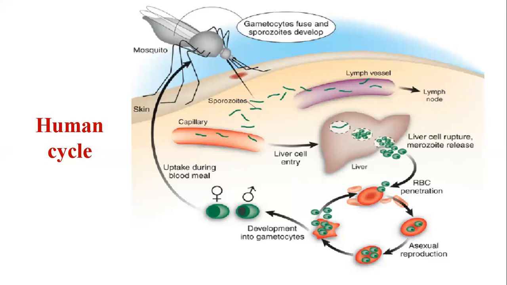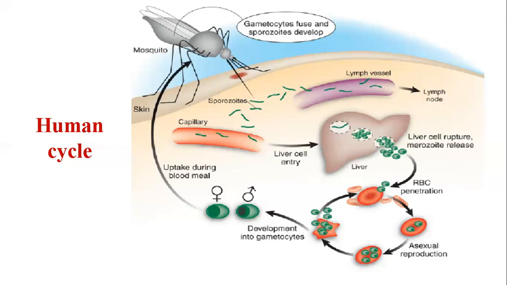So they will come out from the liver cell with the vesicle, and then enter the heart. From the heart, they will travel to the lungs, where they settle within the lung capillaries.